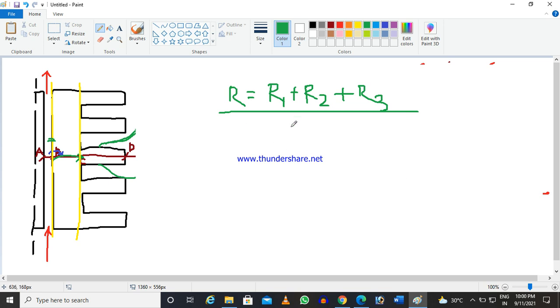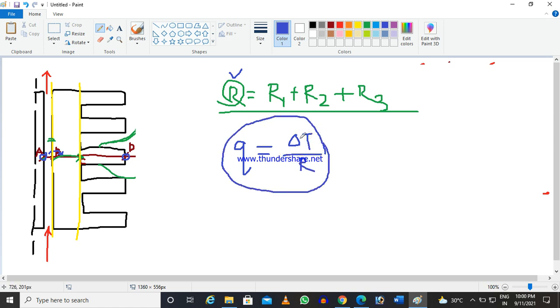Then only if I am able to find out this, and if I know the temperature of liquid here, and the temperature of the solid here, and this R is known, then the overall heat transfer rate is del T divided by this R. Then only we can estimate it.